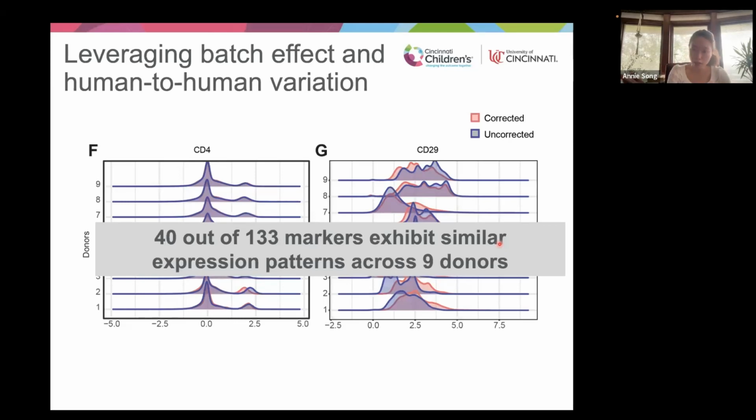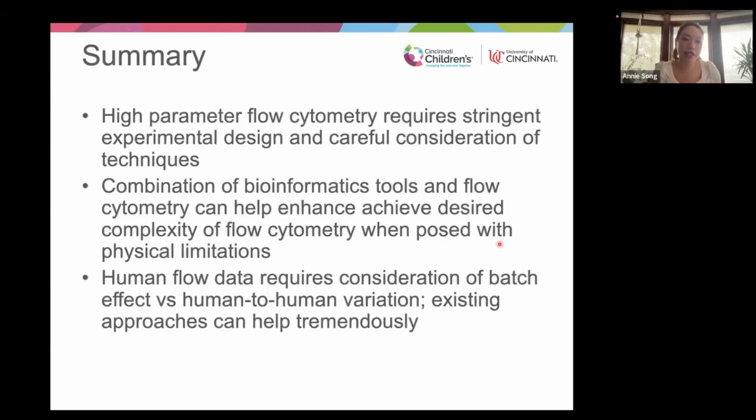Therefore, some of the cell populations that you are able to gate and see in one donor may not look the same in another donor, but it doesn't necessarily mean that population is not present. So I think another consideration should be how we leverage that information and seek consistency of cell types present between the human donors, given the variation.